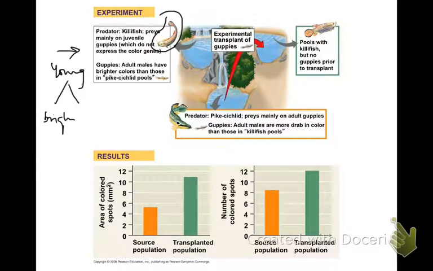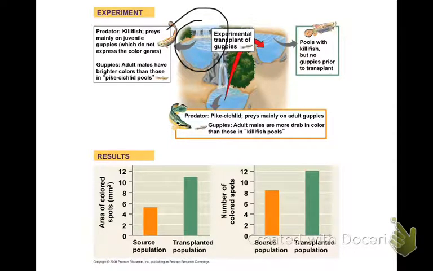Let's just go over the whole experiment one more time. So this is a pool and this is another pool. In this pool they had a predator called killifish. In this pool they had a predator called pike cichlid.